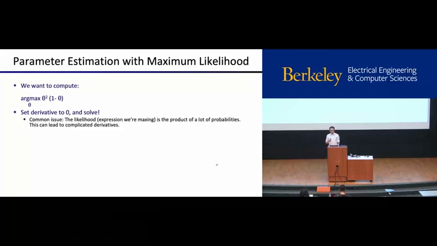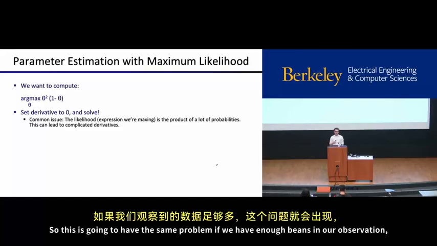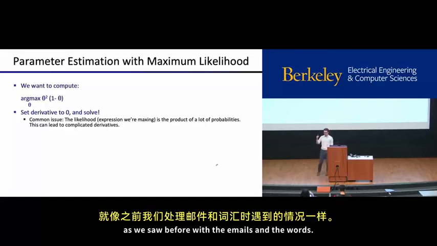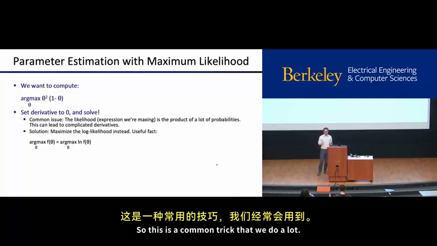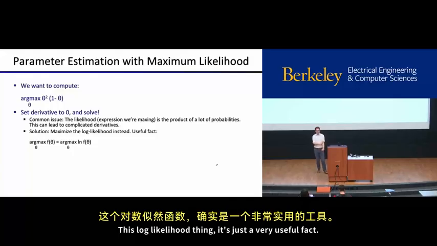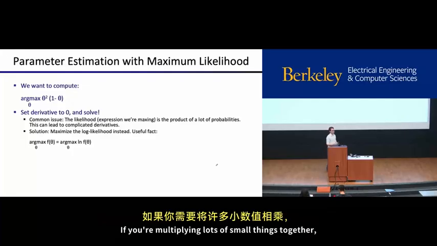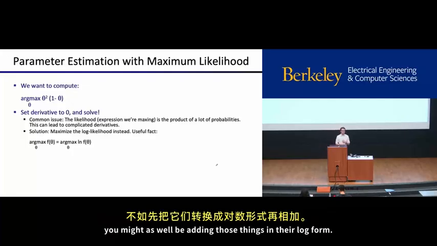So this is going to have the same problem if we have enough beans in our observation as we saw before with the emails and the words. So we're going to do this log trick again. This is a common trick that we do a lot. This log likelihood thing is just a very useful fact. If you're multiplying lots of small things together, you might as well be adding those things in their log form.